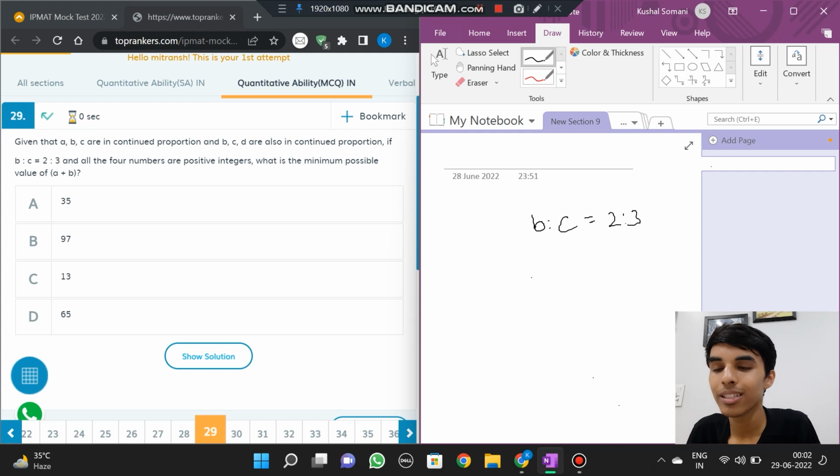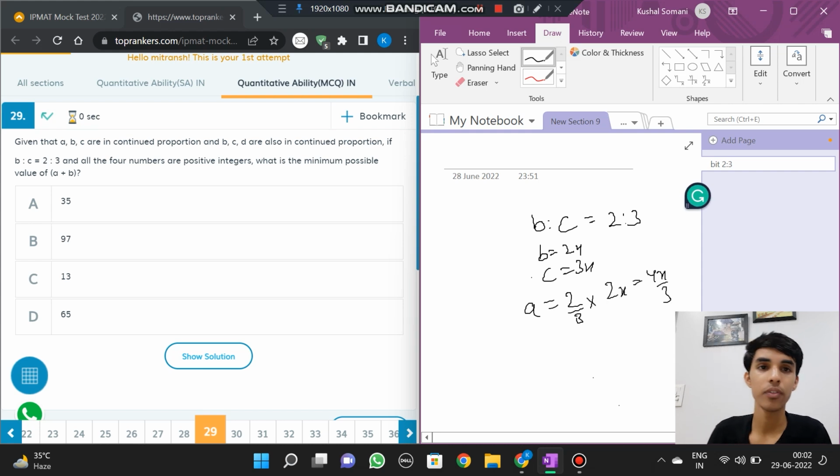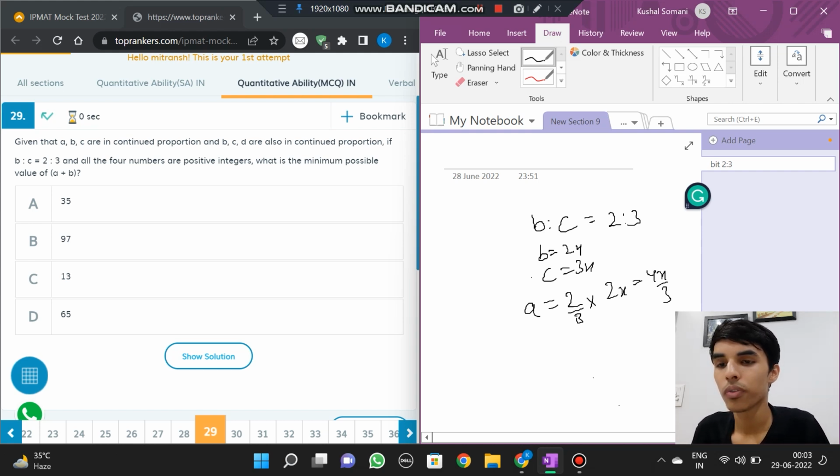And A, B and C are in proportion. So if B is 2x, C is 3x, then A will be 2 by 3 into 2x, that is 4x by 3, since they have to be in proportion, so A needs to be 2 by 3 of B. And the value of D will be 3 by 2 into 3x, which will be 9x by 2.